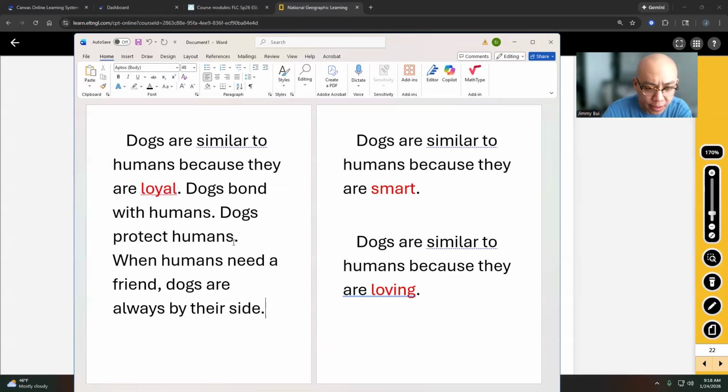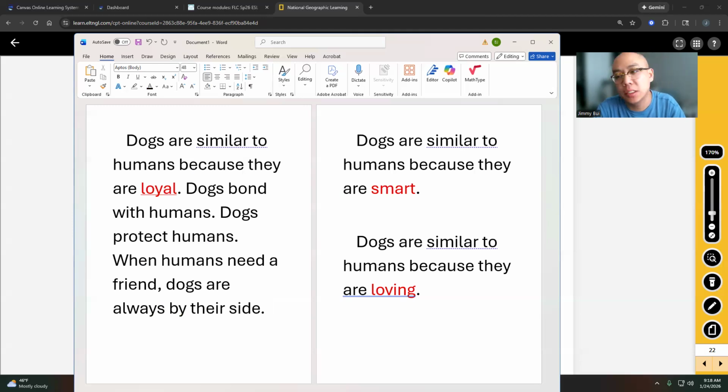Okay. At this point, I've got my three sentences that I believe dogs are loyal, and then I need a concluding sentence, right? A concluding sentence is going to finish that paragraph, or at this level, a transition sentence.